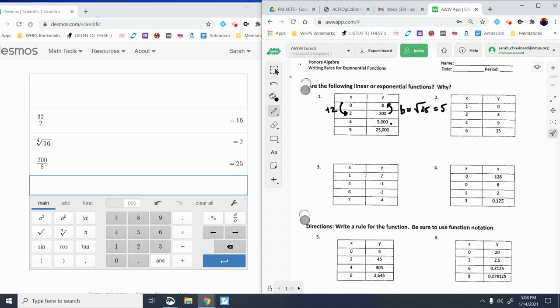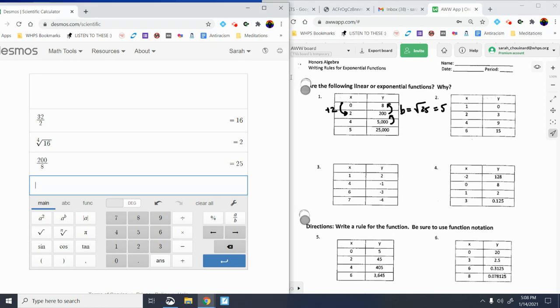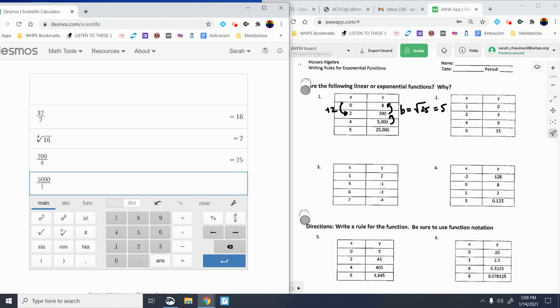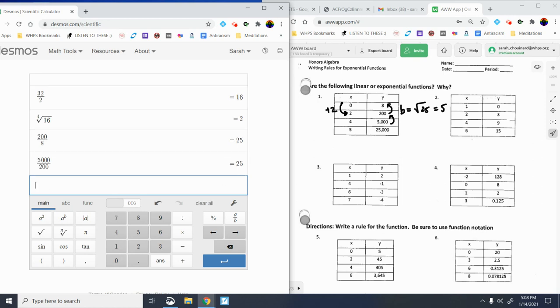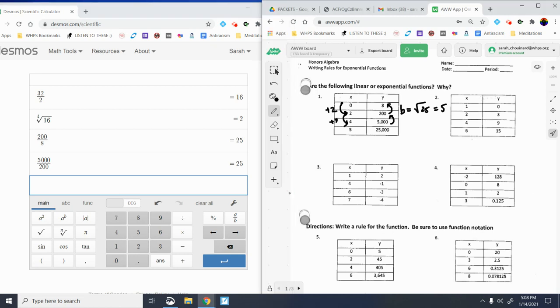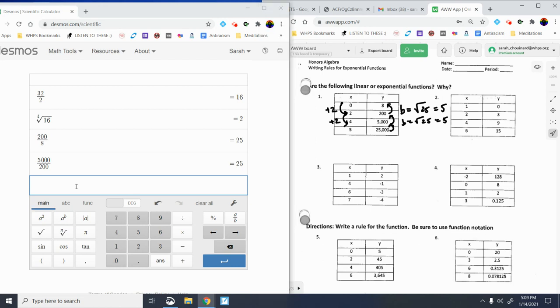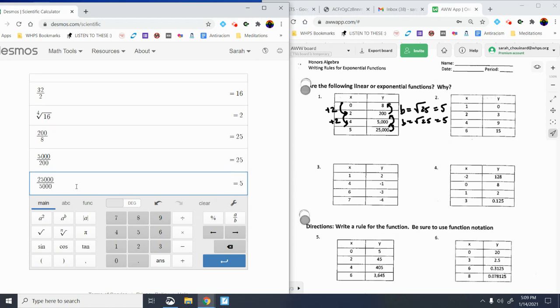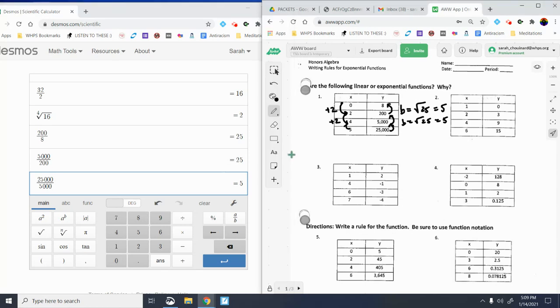Let's see here. If I divide 5,000 by 200, dividing by what came before, and x increased by 2, I take the square root of 25, which is 5. And then I divide by what came before again, so 25,000 divided by 5,000 is 5, and that's the factor because x increased only by 1 here.